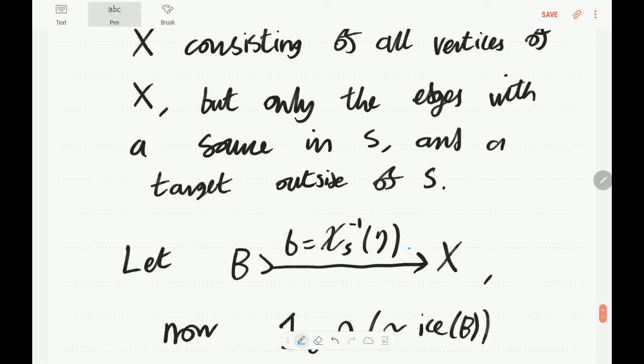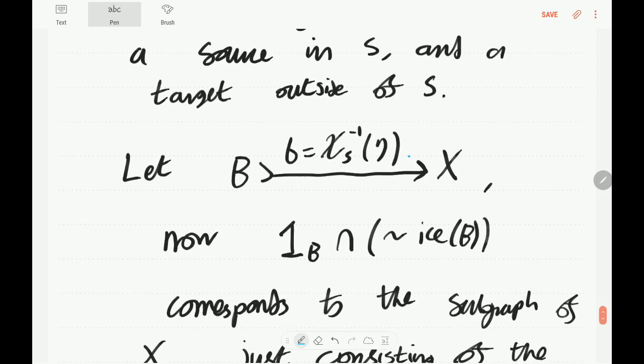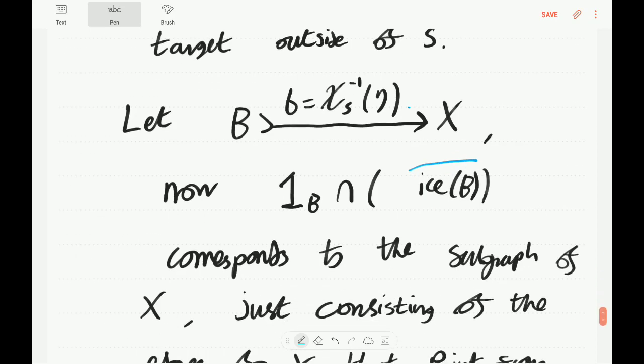So if we let B be the subobject of X, which is the pullback of eta along chi of S, then if we take the full subobject of B in intersection with the negation of ice B, that'll be basically like this neighborhood graph, but only the non-isolated vertices of it, and that's what we want.